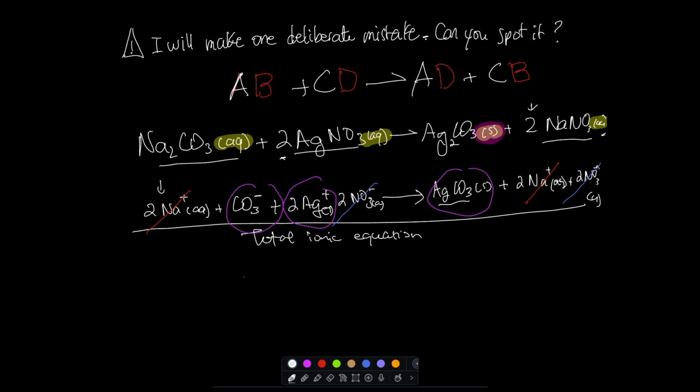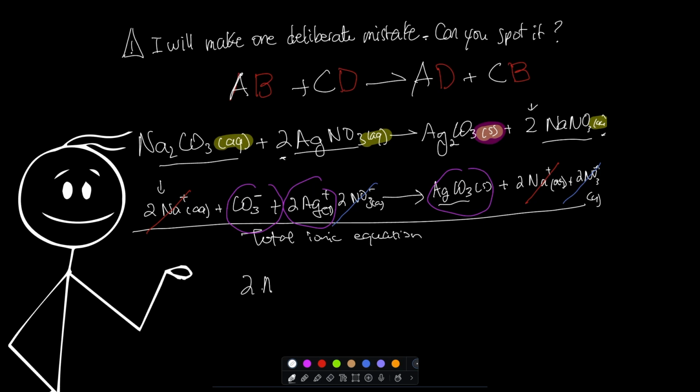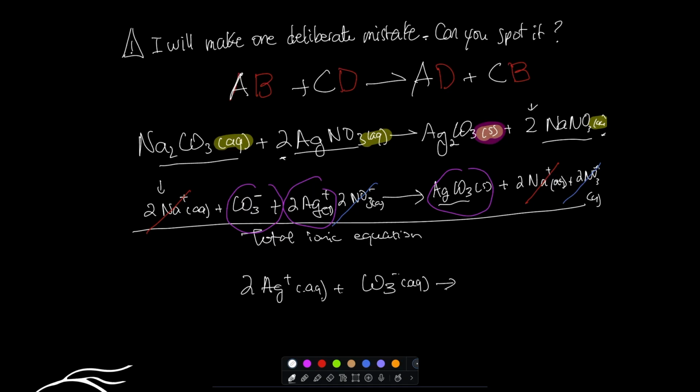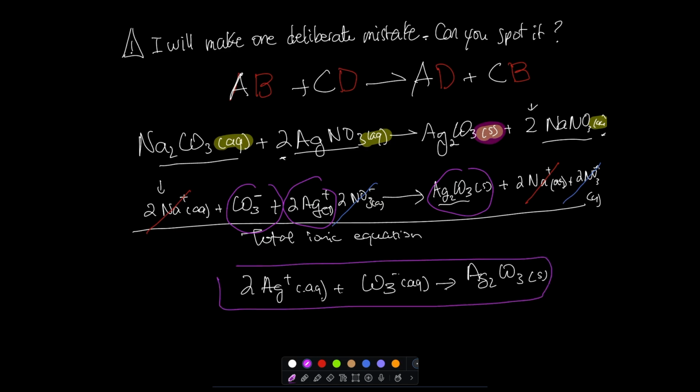So here I have 2 Ag plus aqueous plus 1 carbonate ion aqueous gives me Ag2CO3, and that's solid. And that, my friend, is my net ionic equation.